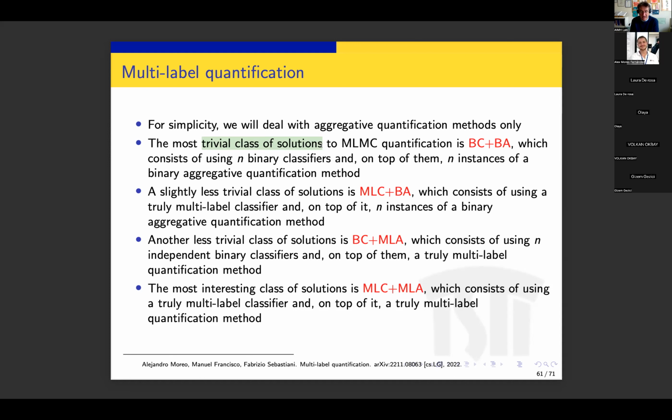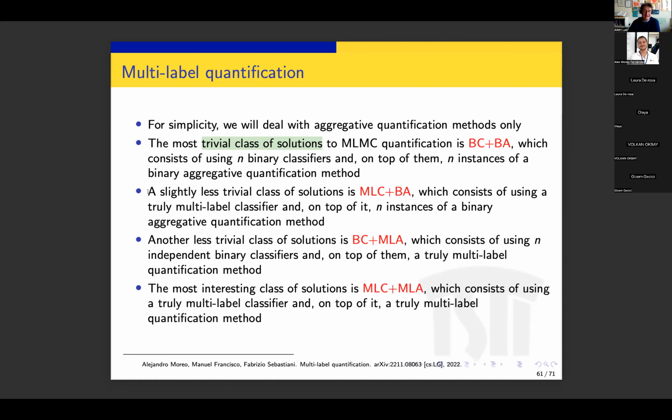You take, for instance, SLD, the Saerens-Latinne-Decaestecker method, and you put it on top of a binary classifier, and you do this independently for all of the n classes. Of course, this is the trivial class of solutions that anybody would pick.